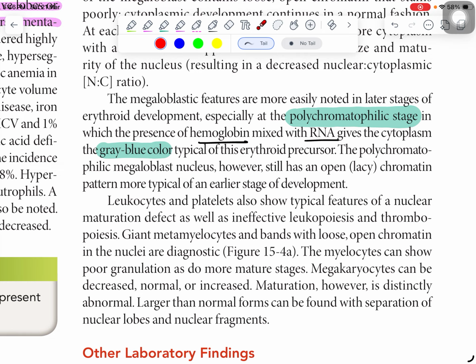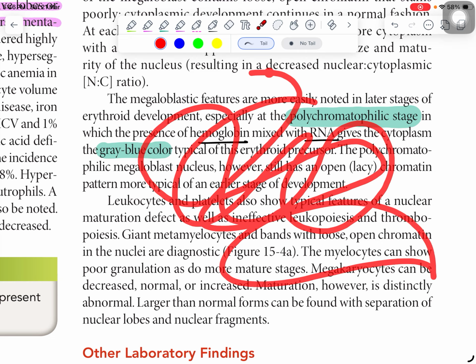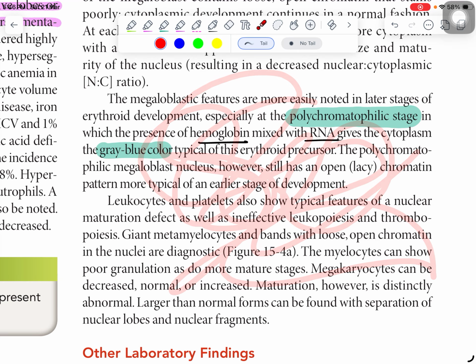The polychromatophilic megaloblast nucleus, however, still has an open, lacy chromatin pattern more typical of an earlier stage of development.